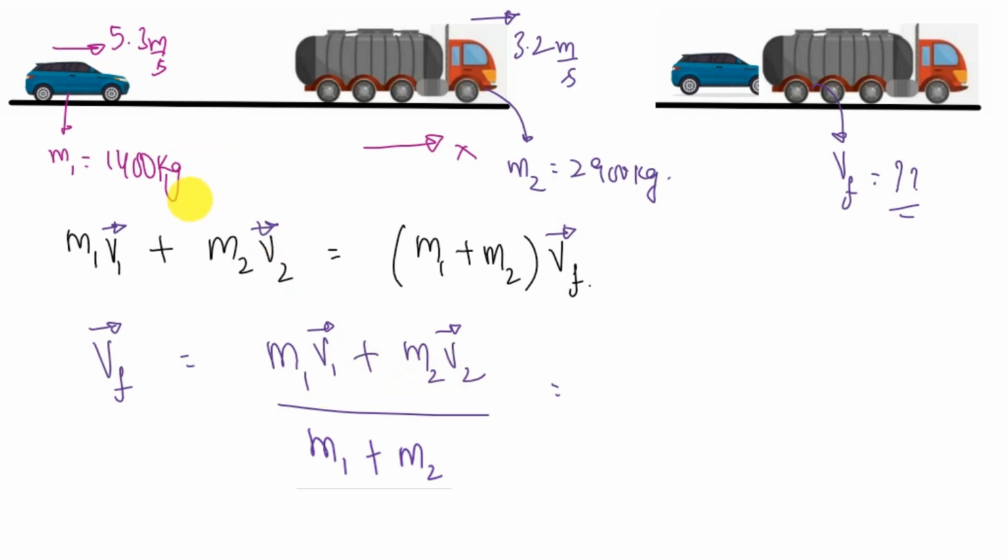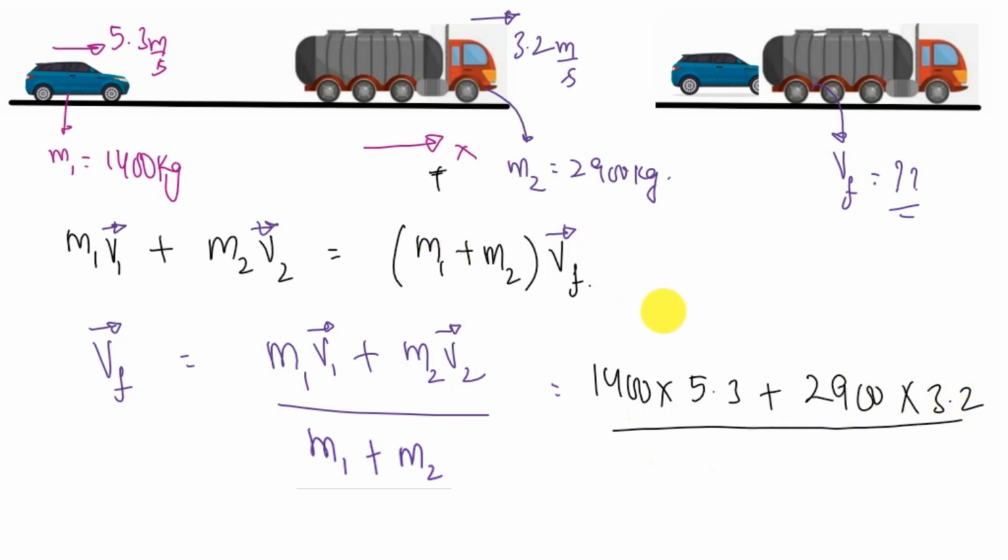So for m1 v1, here the velocity is along the positive x, so I'm taking this direction as positive. So m1 we have 1400 kg, v1 is 5.3, plus m2 is 2900 kg, and this is 3.2, divided by m1 plus m2, so m1 is 1400 kg and m2 is 2900 kg.